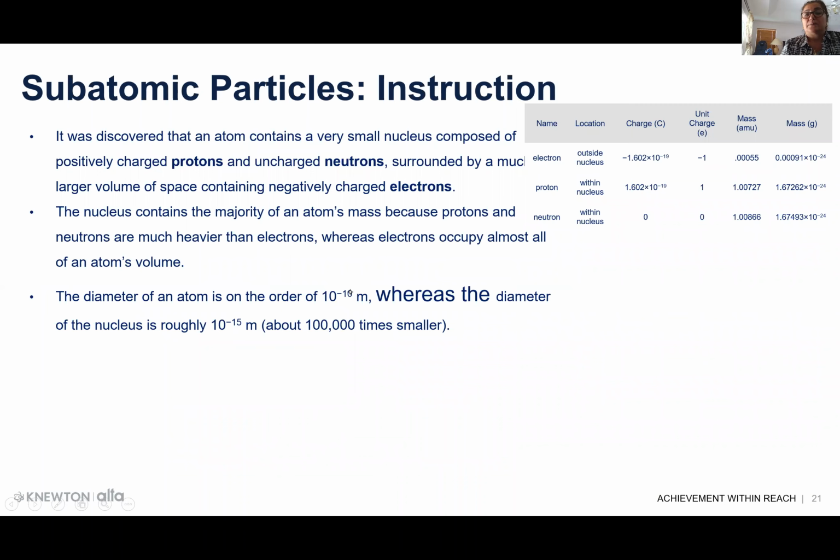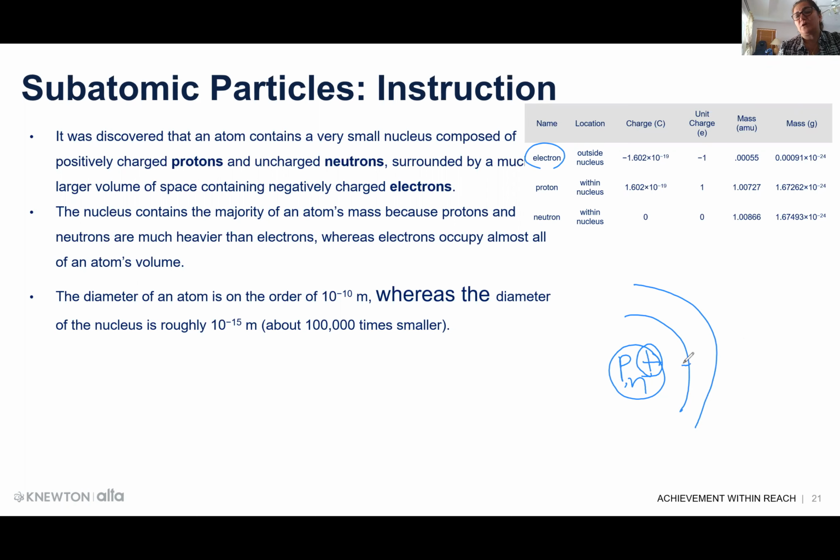Subatomic particles, we've been talking about subatomic particles, but let's see the table here. Where are they? The nucleus of the atom has protons and neutrons. So the positive charge is in the nucleus of the atom. Electrons are orbiting around the nucleus in a specific energy level.